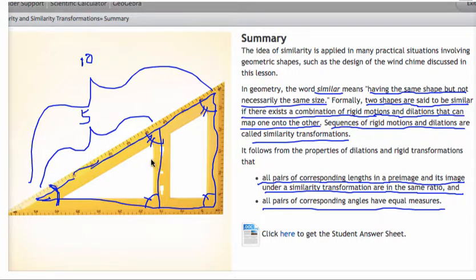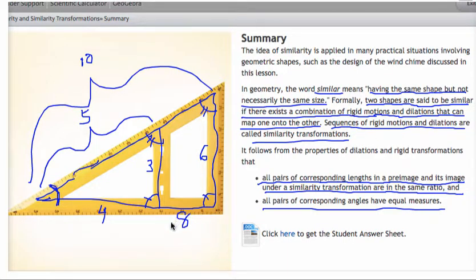So that tells you that if this side has length 3, this side has length 6, and if this side has length 4, this side has length 8. That's what it means for two triangles to be similar. Corresponding angles are congruent and corresponding sides are in proportion.